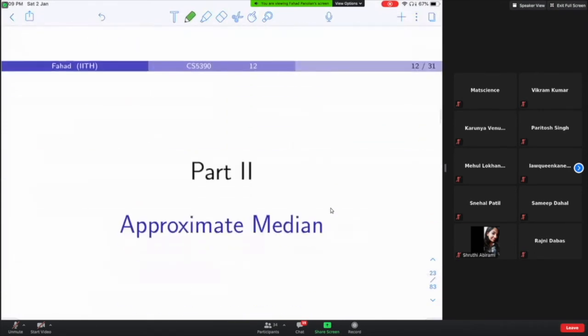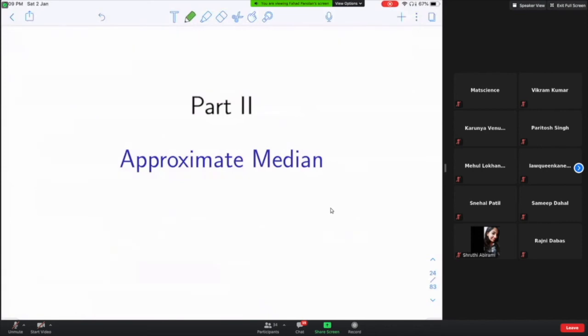Now we'll see a very simple algorithm to find an approximate median. How many of you have seen an algorithm to find a median, not an approximate median? What is median? Given a sequence of numbers, if you sort the numbers, which number will come in the middle? That is the median.